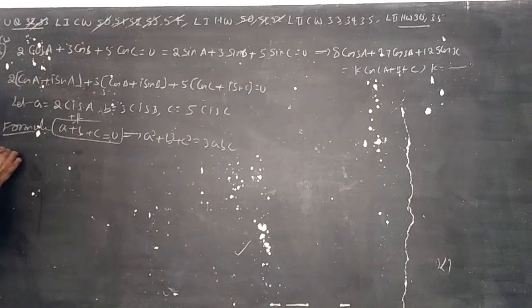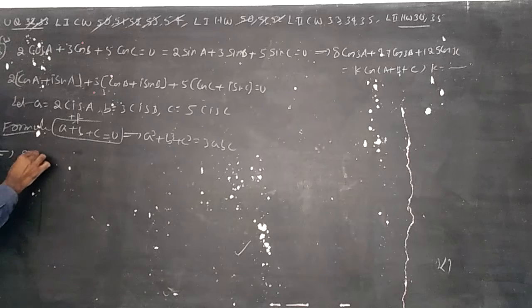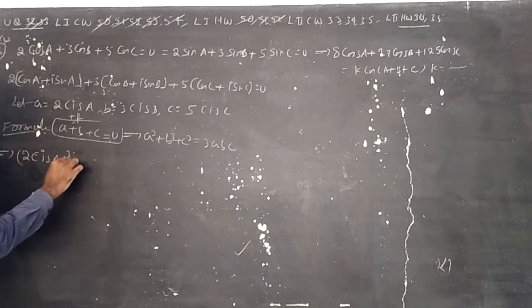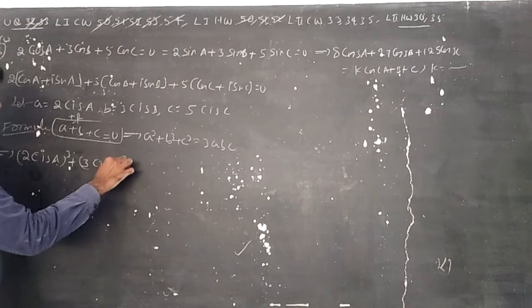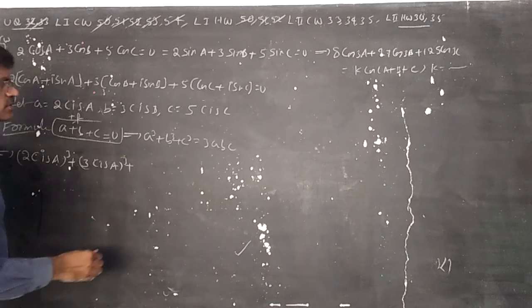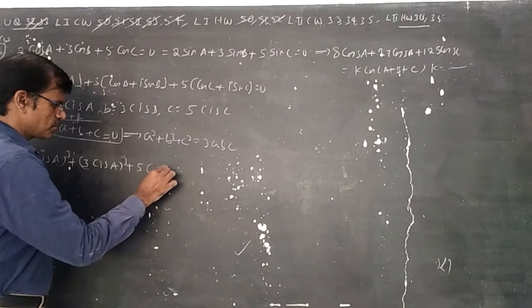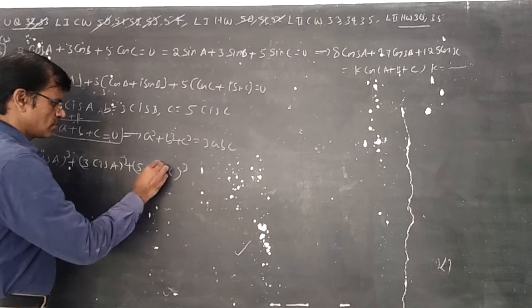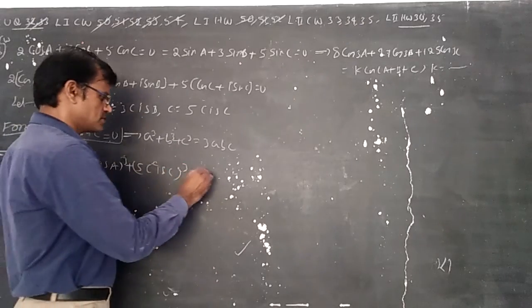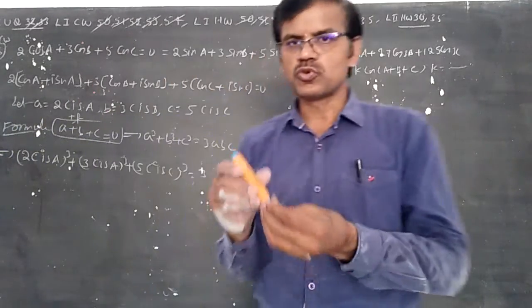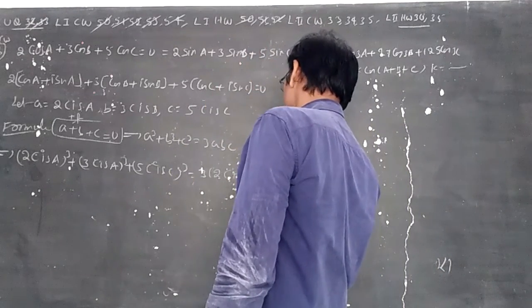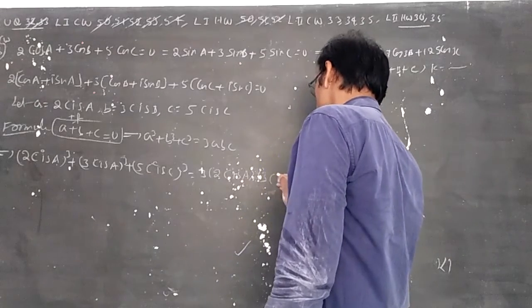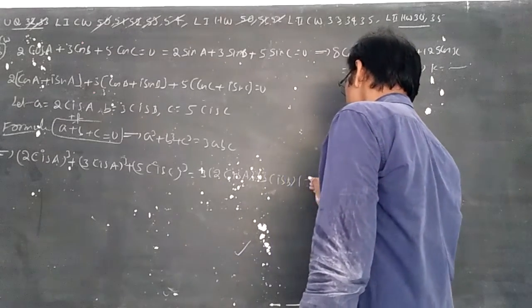Now, a cube meaning (2 cis A) whole cube, plus b cube meaning (3 cis B) whole cube, plus (5 cis C) whole cube is equal to 3abc, that is 3 into 2 cis A into 3 cis B into 5 cis C.